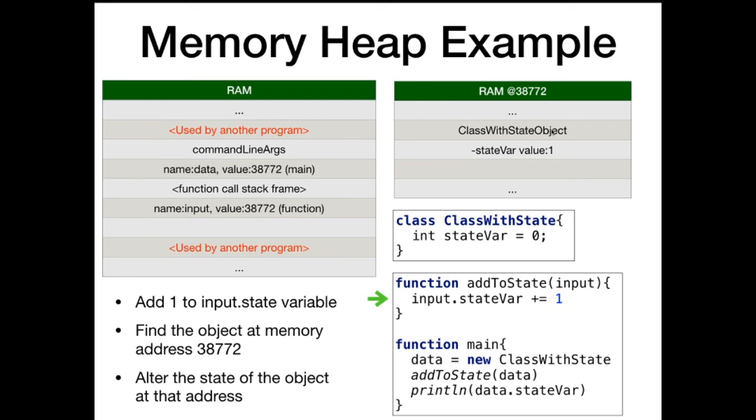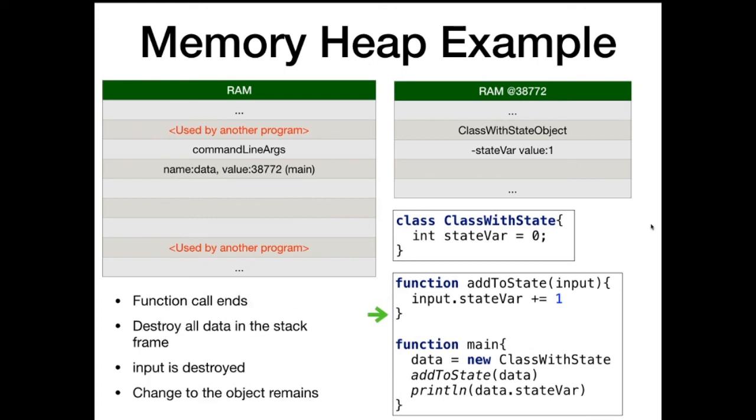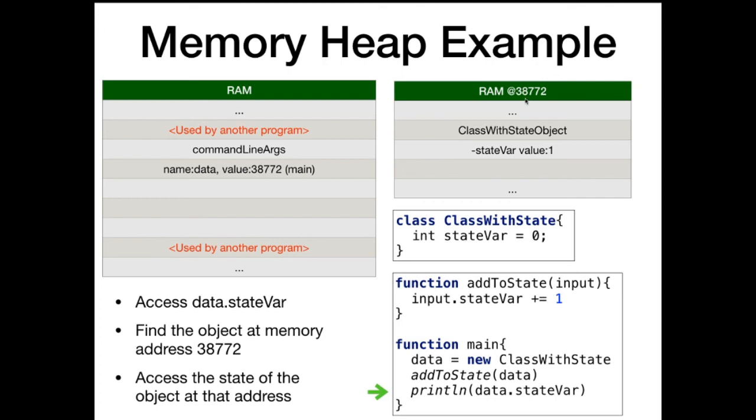We actually went to that memory in heap space, changed a value in that object, and that value is going to be seen even after that stack frame is gone. We're still going to see that change because next time we say, hey, data, access your memory location, go over here in memory and access stateVar, well, that change is reflected because that change was made in heap space, not on the stack.